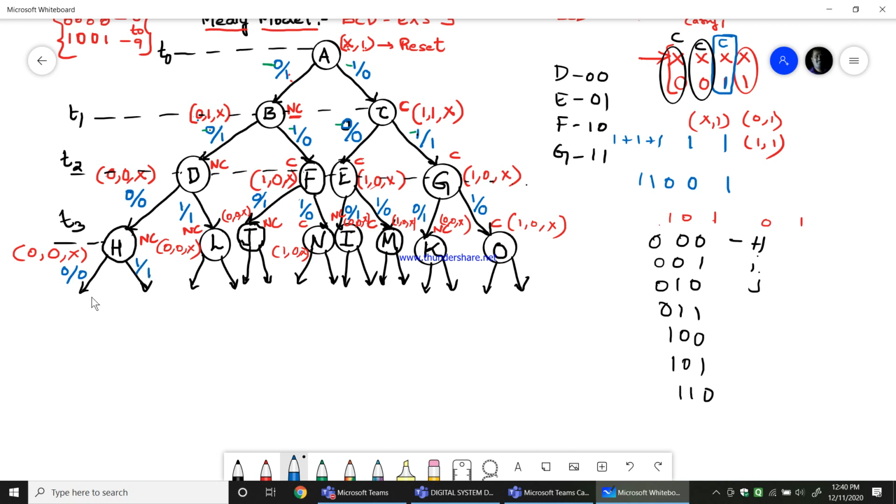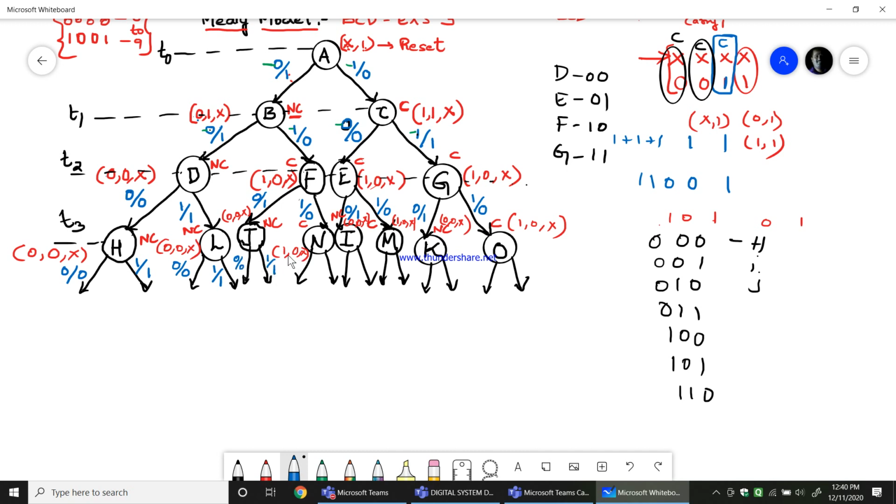Okay, now I need not write the next state as whether it is no carry or carry. Then at L, if you take 0, 0, x, you get 0, 0 for this, where input is 1, you get 1. Again here for J, no carry. So it is 0, 0, 0, again 0, 1, 1.